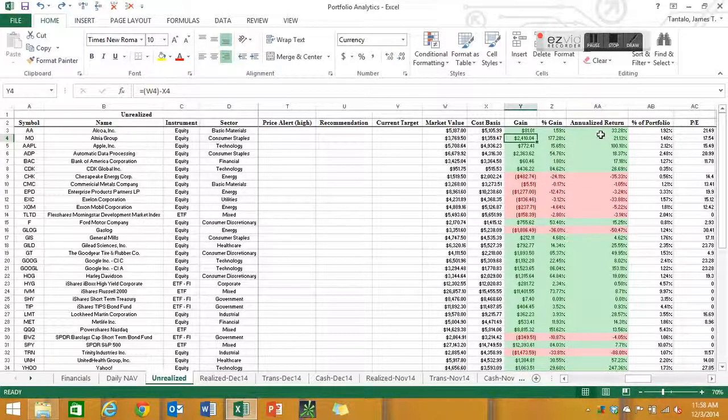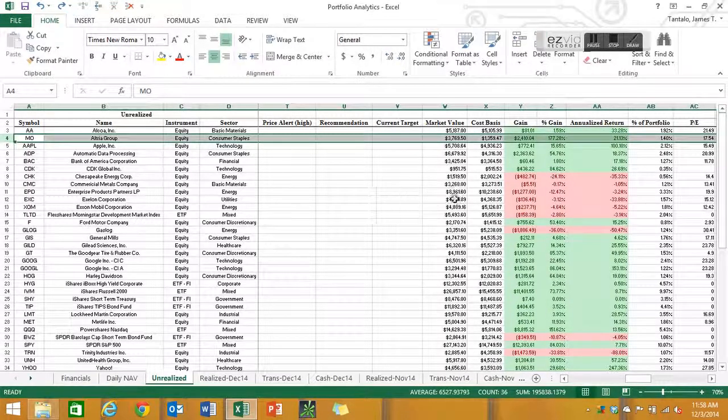The annualized return column denotes, based on the time period of when we bought it, what is our return on an annual basis? What I mean by that is that we've owned Altria for 5+ years.